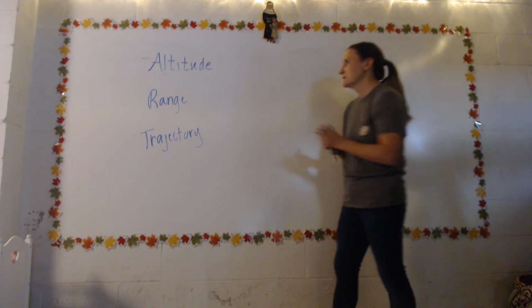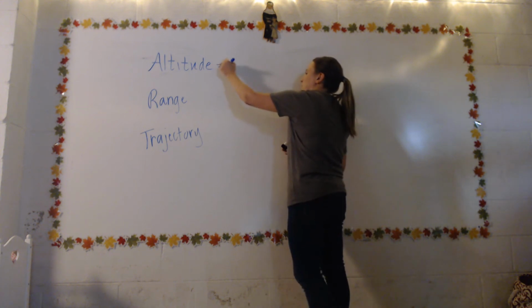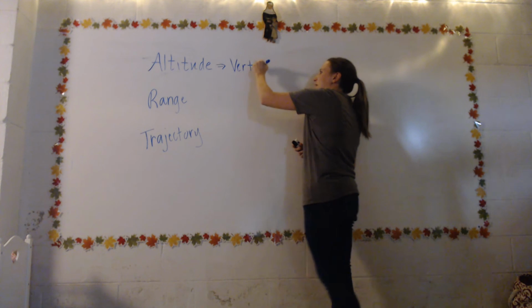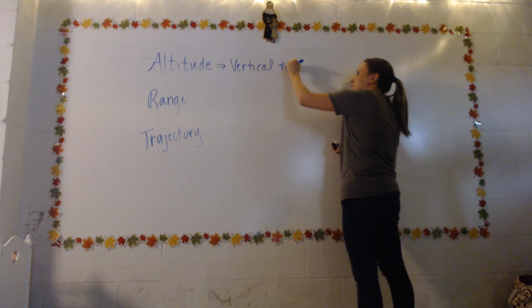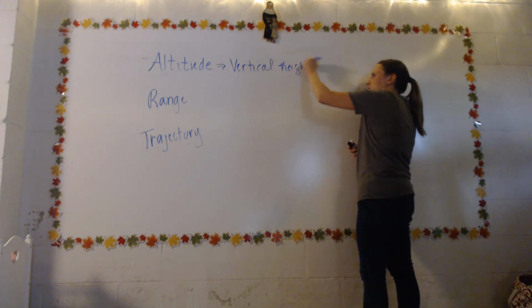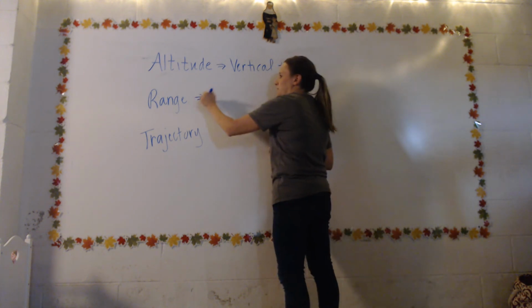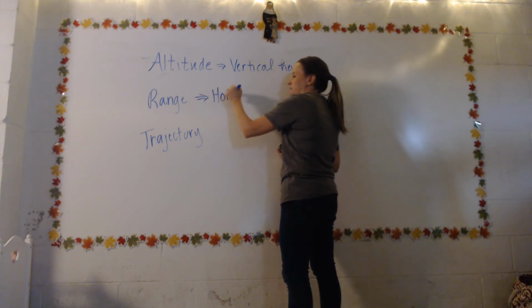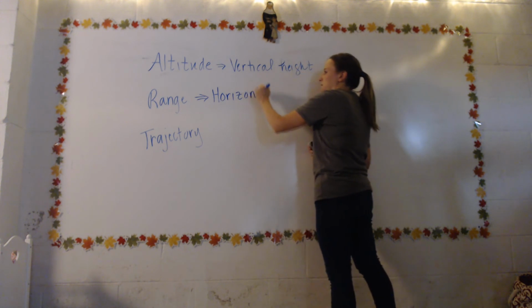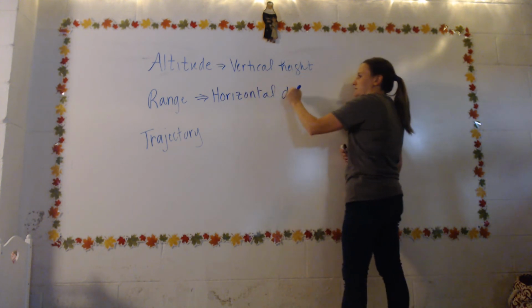Altitude is a term referring to vertical height, for lack of better words. Range would be the horizontal displacement.